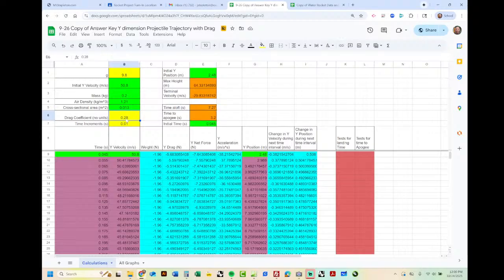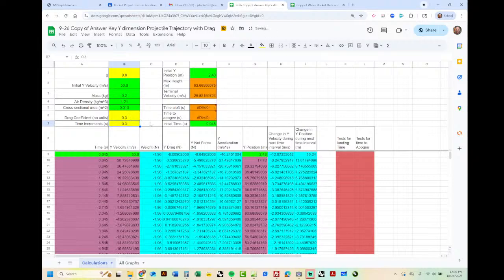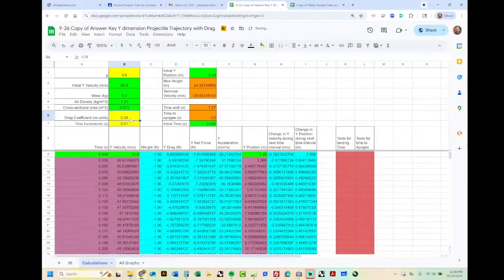This started at 0.3, but if I put in 0.3, then I get a time to apogee of 3.14, and it wasn't 3.14, it was 3.2. So I mess around with the drag coefficient, and I find just by guessing and checking that the drag coefficient needs to be 0.28.